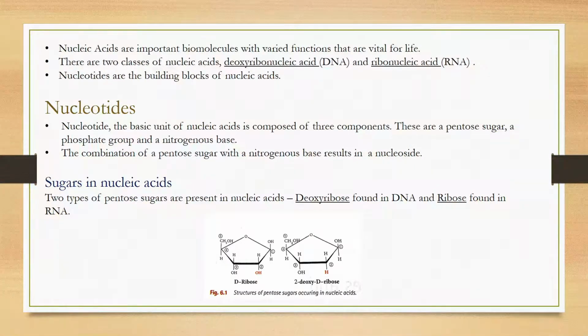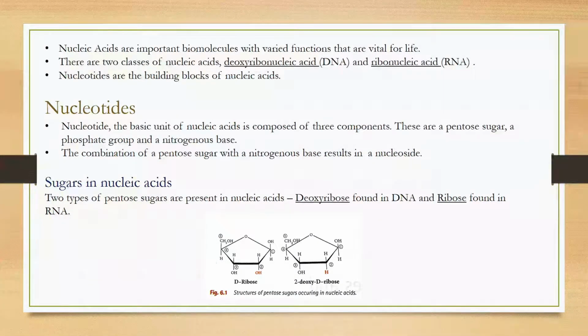The nucleotide, the basic unit of nucleic acids, is composed of three components: a pentose sugar, either ribose or deoxyribose, a phosphate group, and a nitrogenous base, either purine or pyrimidine. The combination of a pentose sugar with a nitrogenous base results in a nucleoside.